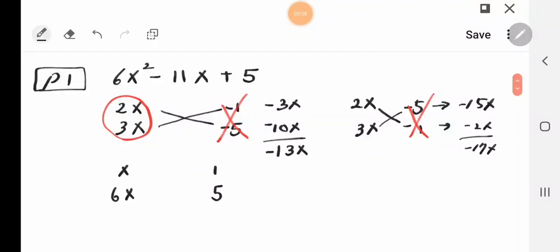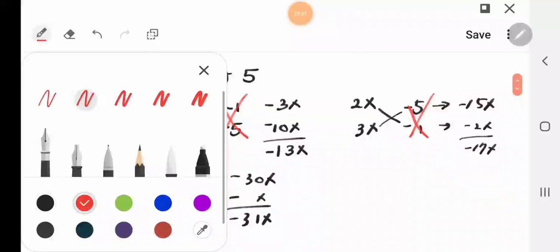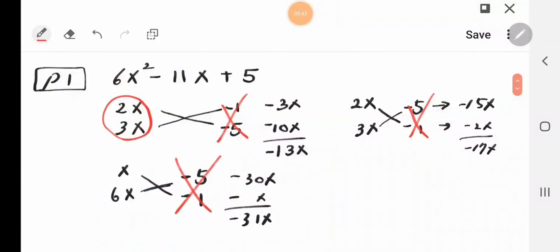Now this should work, but let's try 5 times 1 first. Make it both negative so that the sum will be negative. Negative 5 times negative 1 is still 5, so both negative is okay. Multiply this, and this will be negative 30x. It's a lot, huh? And then this is negative x, so the sum is negative 31x, which is different from the second term. So 5 and 1 is not working. This is not the right pair.